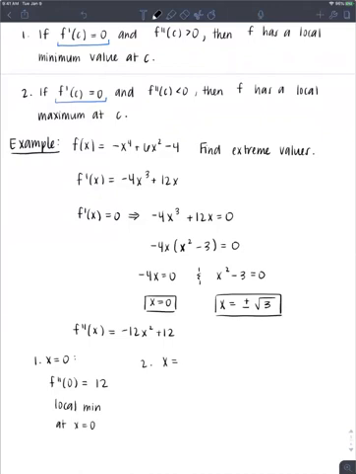When I test x equal to positive square root 3 and plug it into the second derivative, you end up getting negative 24. You can double check me later if you want. But here you get negative 24, so I have a local max here.